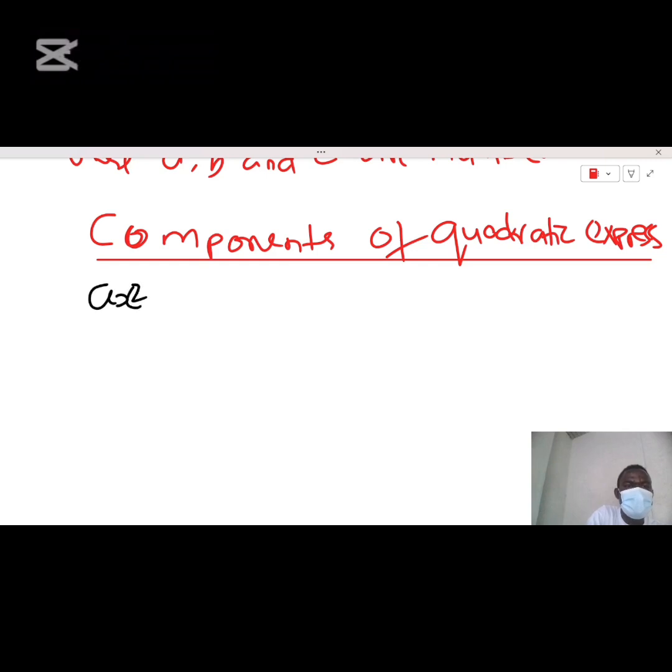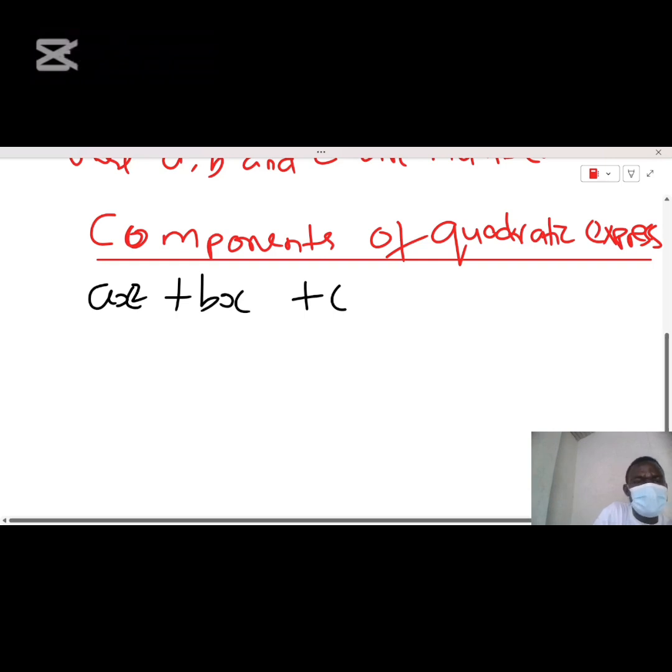Whenever we have something like ax squared plus bx plus c, we have one component, the quadratic part, which is ax squared. This component is known as the quadratic part because it has got a power of 2.